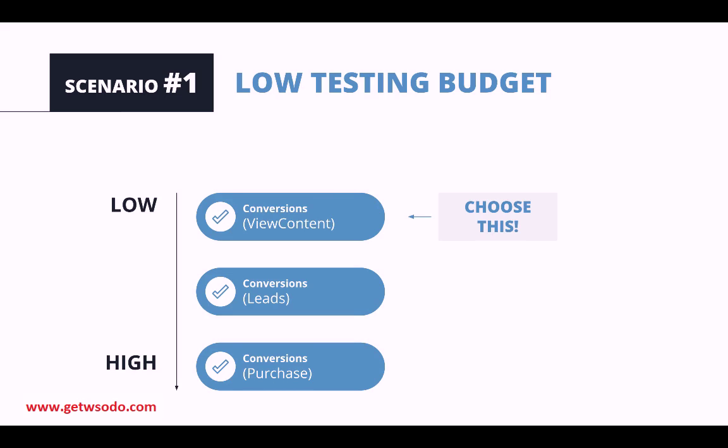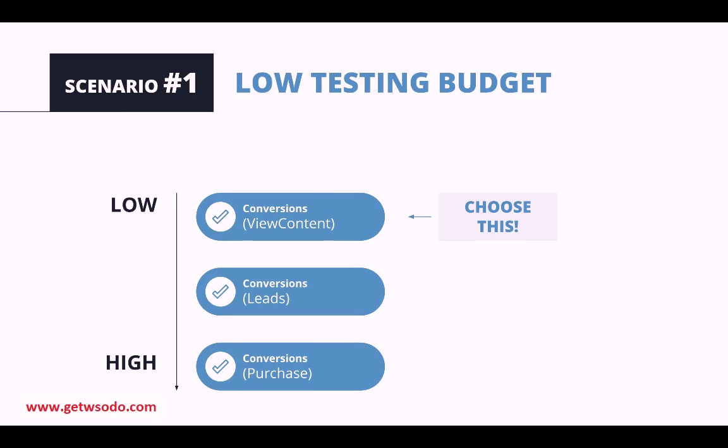The reason why is because this goes back to the video that I was talking about before. Facebook needs more data, at least 10 conversion fires per day to properly optimize your ad. So if you're optimizing for purchases, ideally you'd want to be getting 10 purchases a day for Facebook to optimize everything properly.